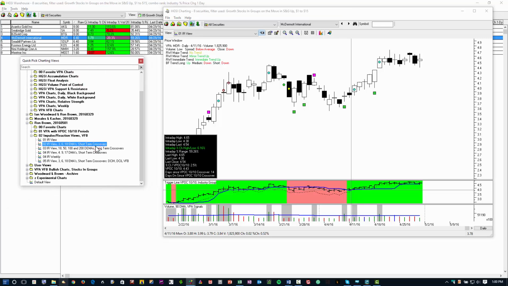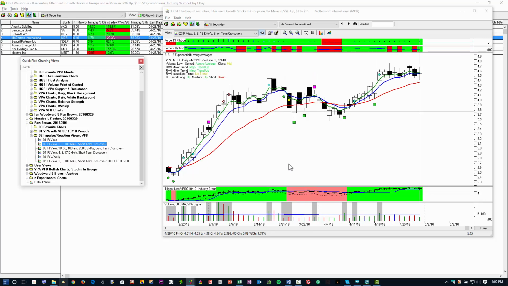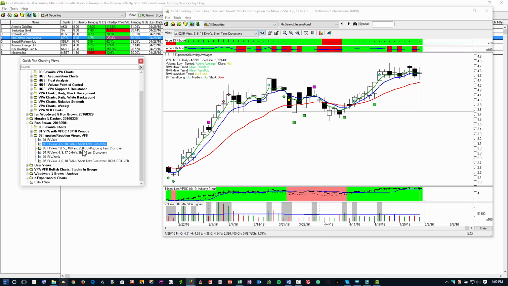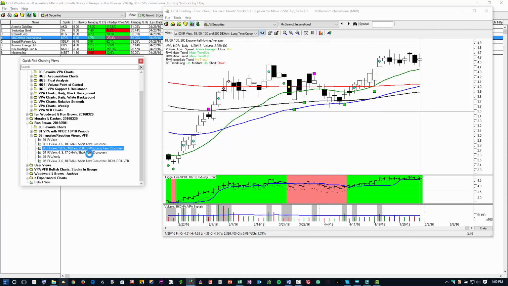This is essentially the same thing, but I decided that I'm going to use some moving averages and moving average crossovers to get a sense for short and intermediate term trends, and then longer term trends also. This is 3, 6, and 18 EMA. This is 50, 100, and 200.